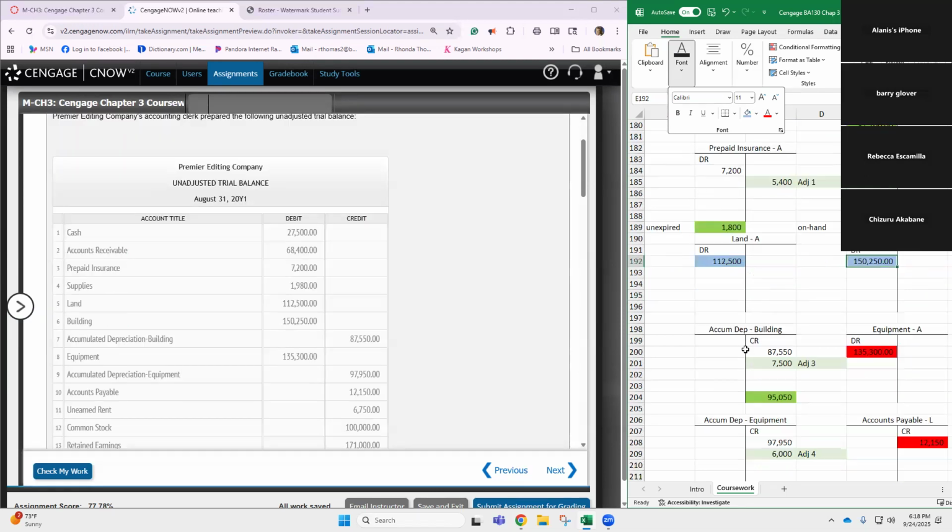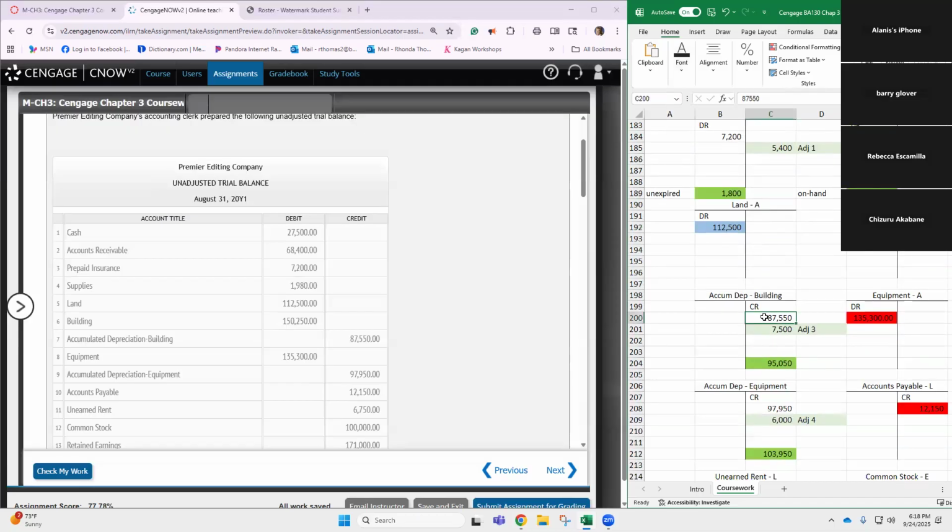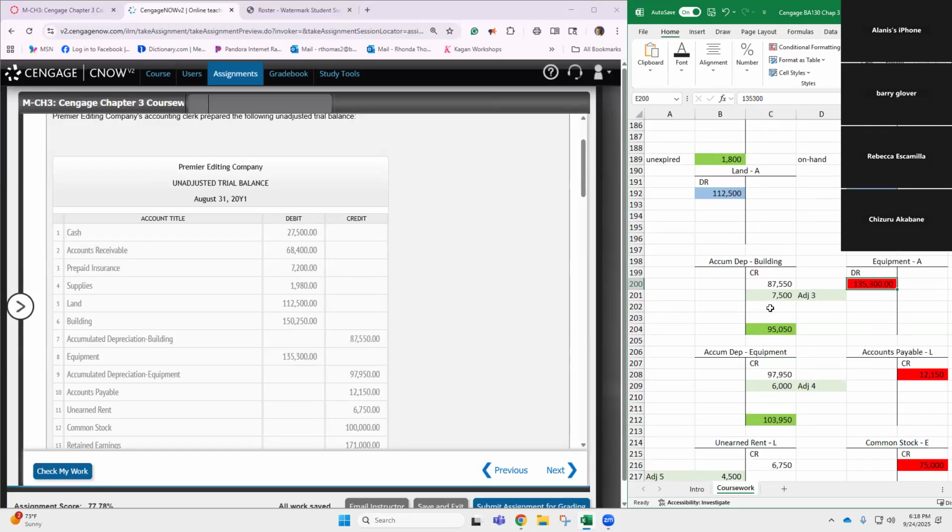Here is the accumulated depreciation that goes against this building. I'm sorry that I've got them not on the same line, but the accumulated depreciation should be $87,550. Yes, that matches. The equipment should be $135,300, and that will not get adjusted, so I'm going to make that blue.